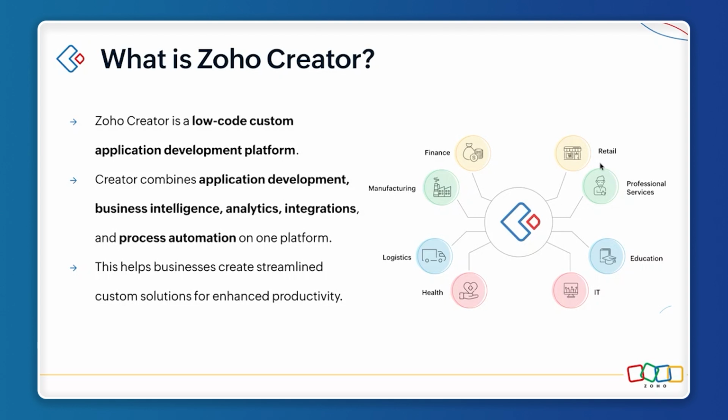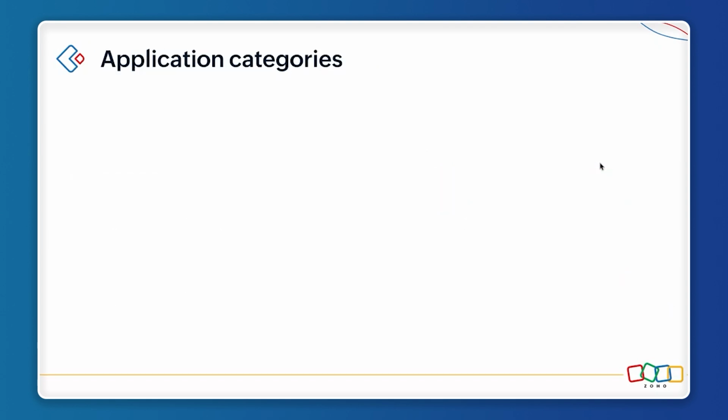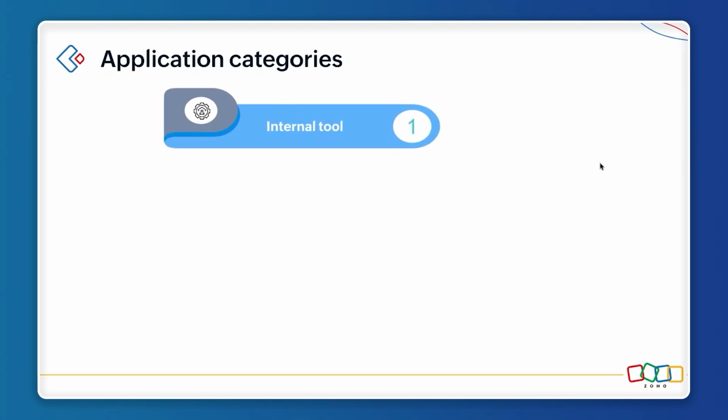Every application we build on the Zoho Creator platform is categorized into four divisions. The first category is internal tool. If I'm trying to build an application to manage internal processes like a task manager or a project management application, which will be used within a team or within an organization, then those applications come under this category, internal tool.